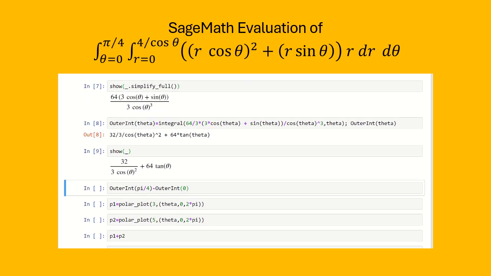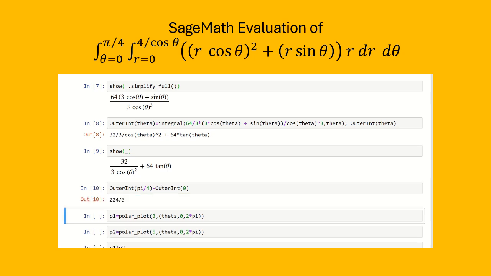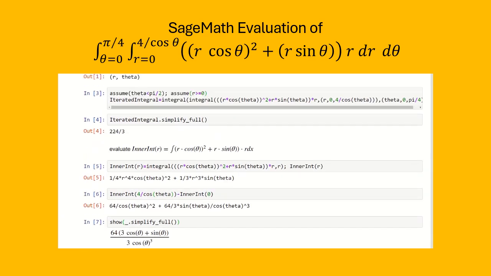To evaluate that outer definite integral, we'll take the outer integral at pi over 4 minus the outer integral at 0. When we do that, we get that the answer is 224 divided by 3, the same answer that we got up here by evaluating the iterated integral in one cell as the integral of the integral.